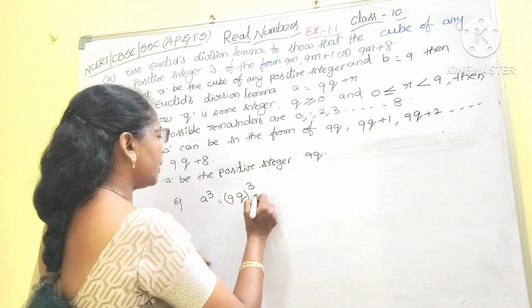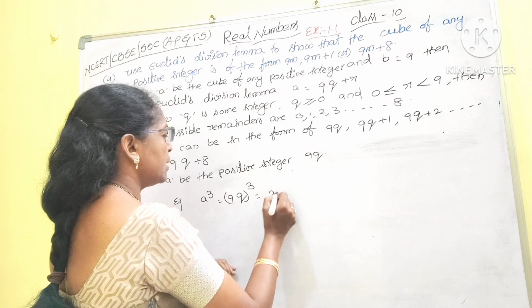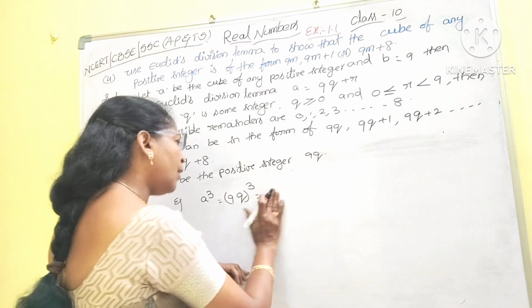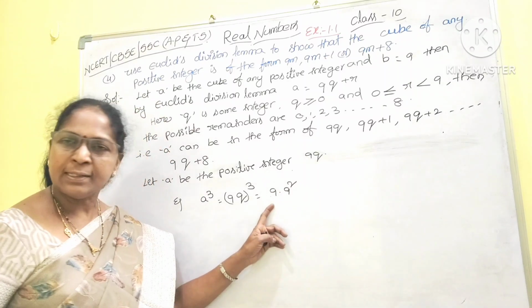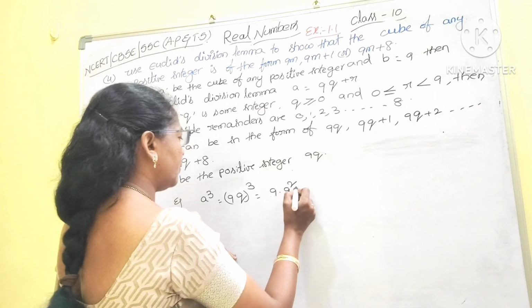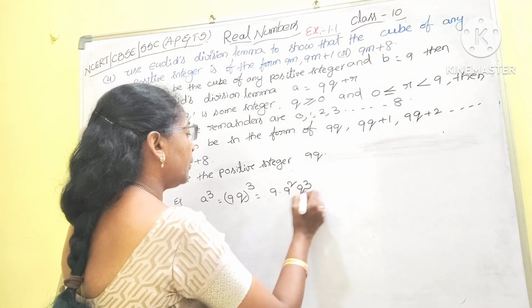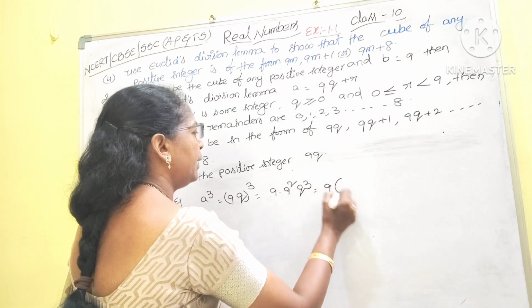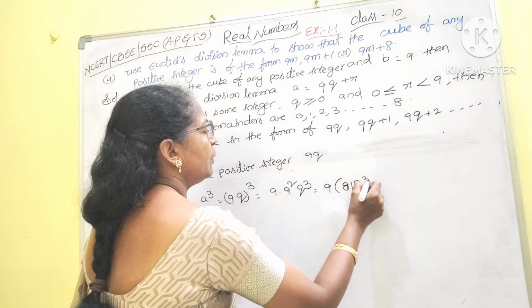That equal to 9Q whole cube means 9 cube Q cube. 9 cube means 9 into 9 square, or you write 9 into 9 square. Why? Because 9 into 9 square is equal to 9 cube. That equal to 9 into 81 Q cube.